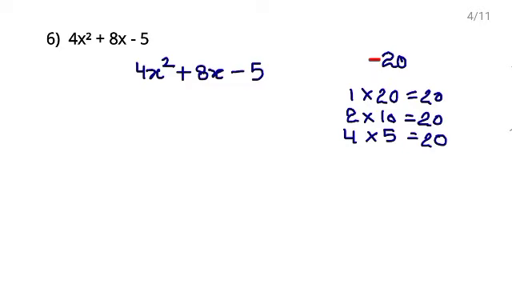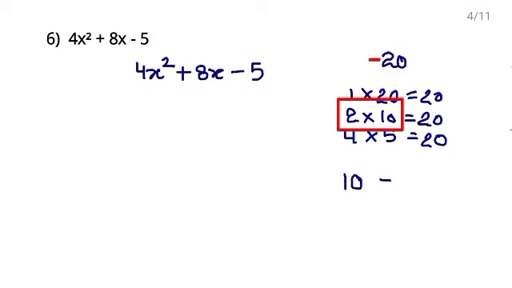Now find such factor whose addition or subtraction is 8. So its addition is 20 plus 1 21 and its subtraction is 20 minus 1 19. Its addition is 10 plus 2 12, but its subtraction is 10 minus 2 8, which we want, right? We need 8 only. So we will use this factor, right? And how we will use it? We are subtracting now.